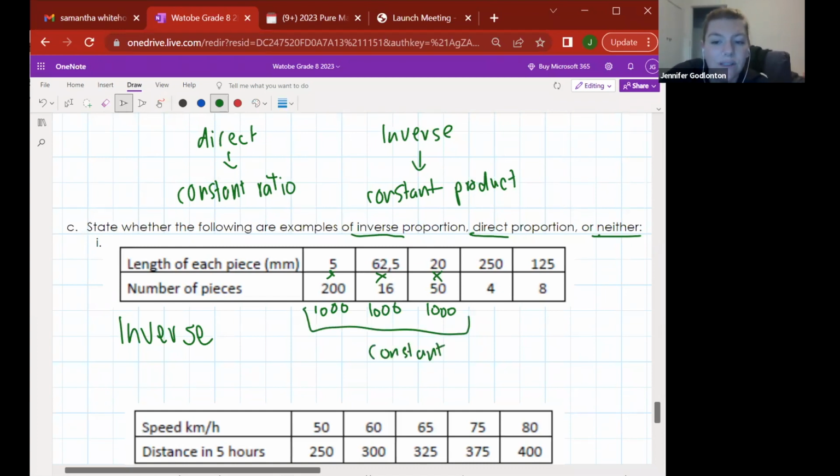And if there is a constant product, then it is inverse. So if you were given this in a test, they would say whether it is inverse or direct or neither, and if it is, give the constant ratio or the constant product. So we would say it is inverse proportion, and the constant product is 1000.